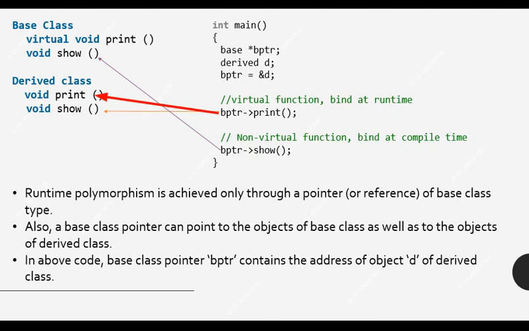So if we have multiple objects of the derived class, then which particular object is going to execute? It will depend on the address that is passed to the pointer. Whatever address is passed to the pointer will decide which particular object will respond whenever the virtual function call is made.